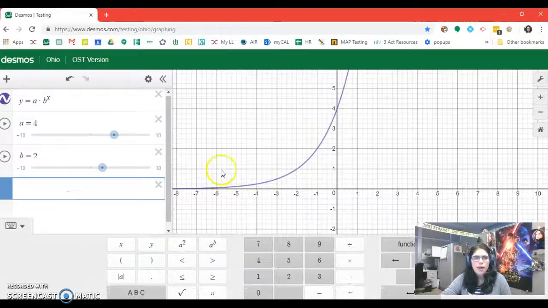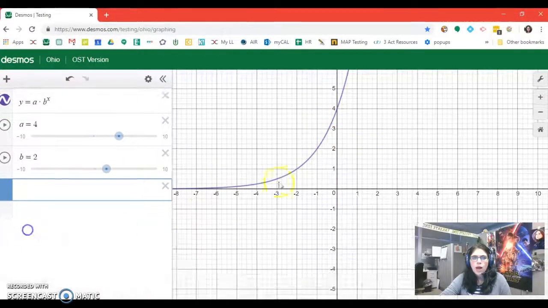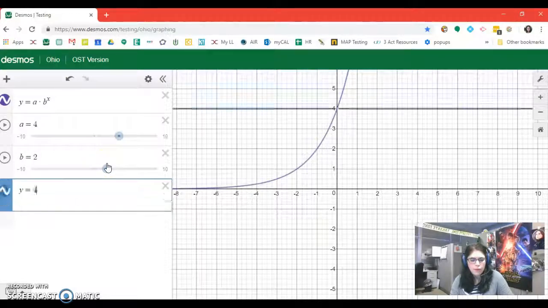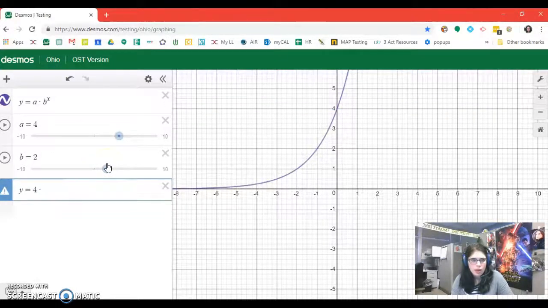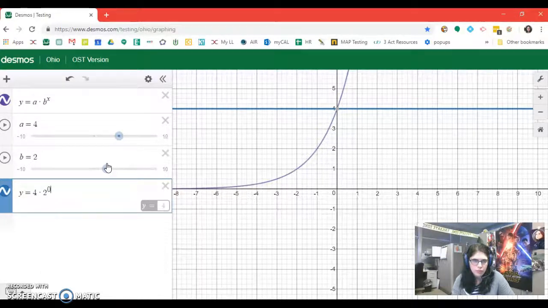Because, let's think about that, on the y-axis, x is going to be equal to 0. So if your a is 4, then you get y is equal to 4 times, in this case 2, raised to the power of 0, right? Because if you plug in 0 for x, that's where you're going to get your y-intercept.